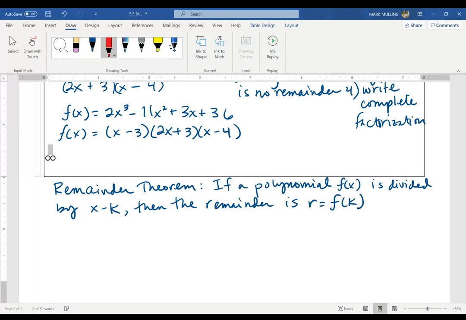So notice here it says x minus k, all right? And then over here it says f of k. So that's like where we switched the signs, all right?